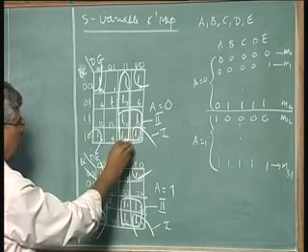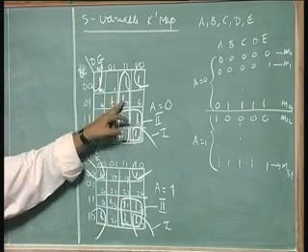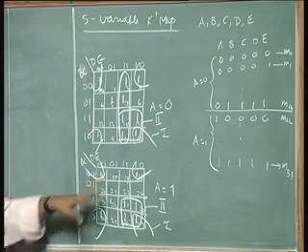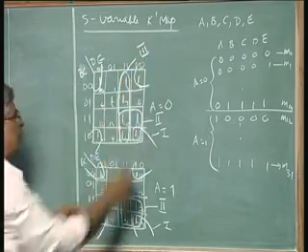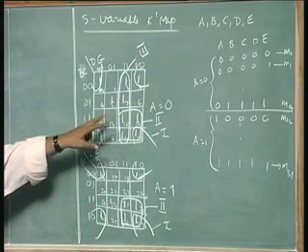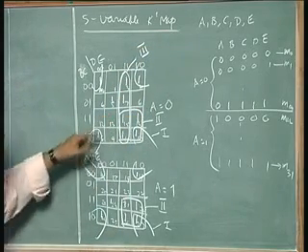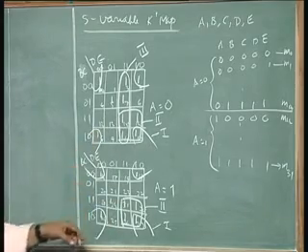But this is not common to this map. 1, 1, 1, 1 here is unique to A equal to 0, not to A equal to 1. So I am going to call this 3, in which I will have to make A equal to 0. This one is unique to this map and not to this map.